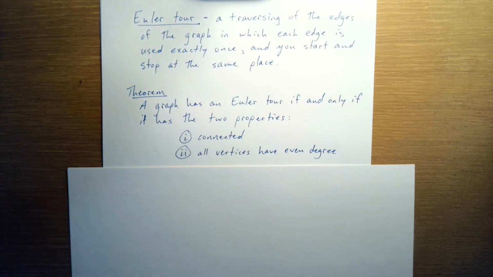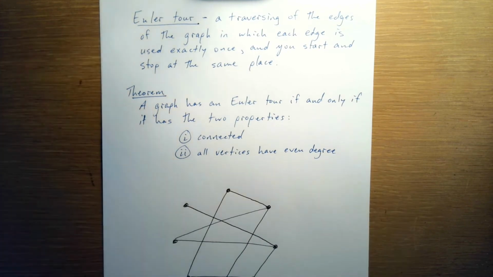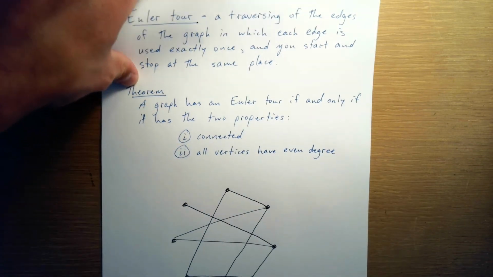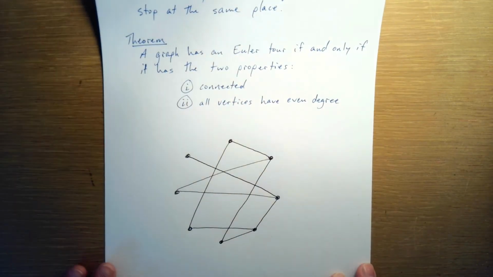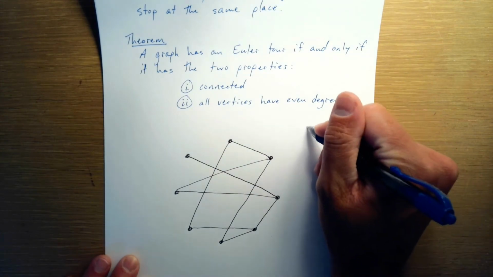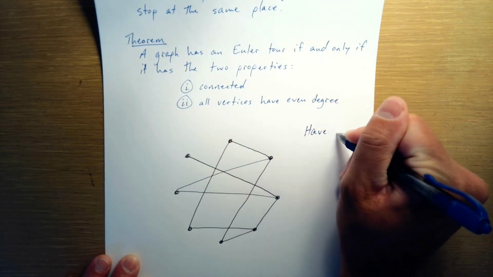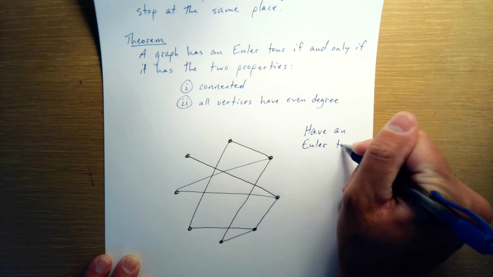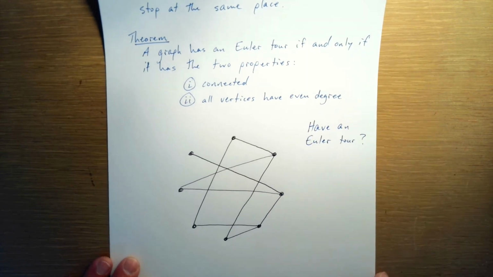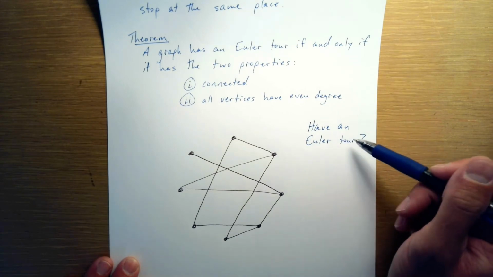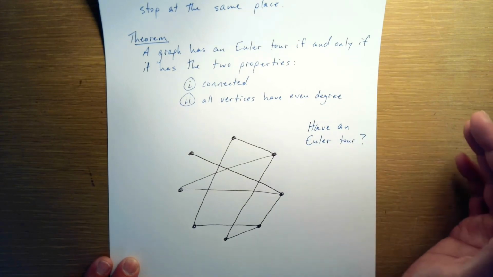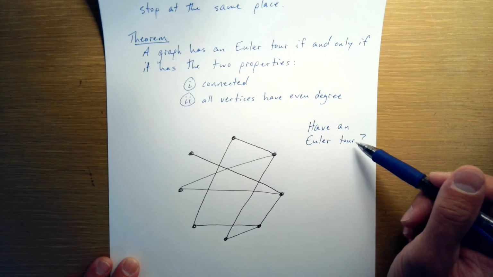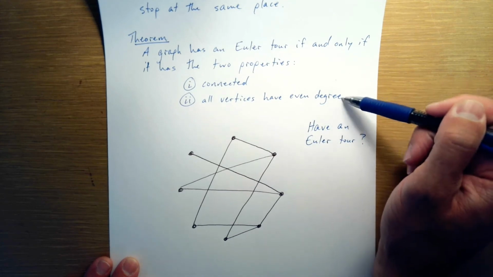So we have a graph here, and we ask ourselves the question, does it have an Euler tour? To answer this question, not can we find it, but just yes or no, we just have to look at these two conditions.